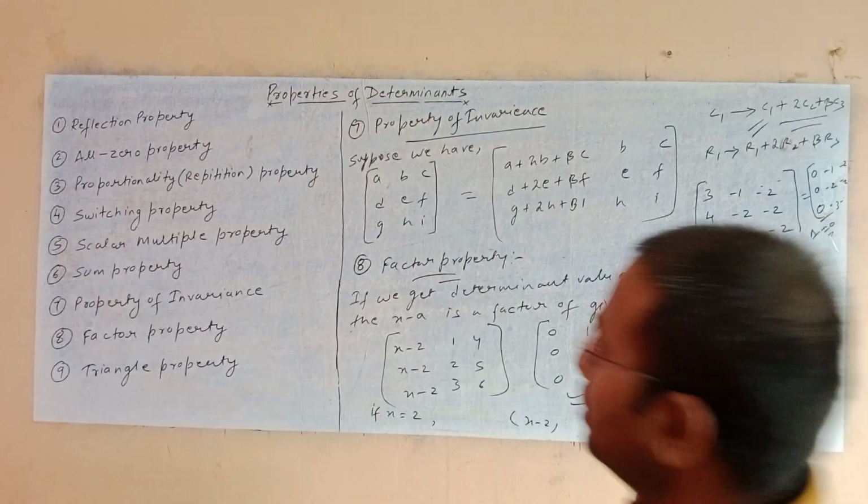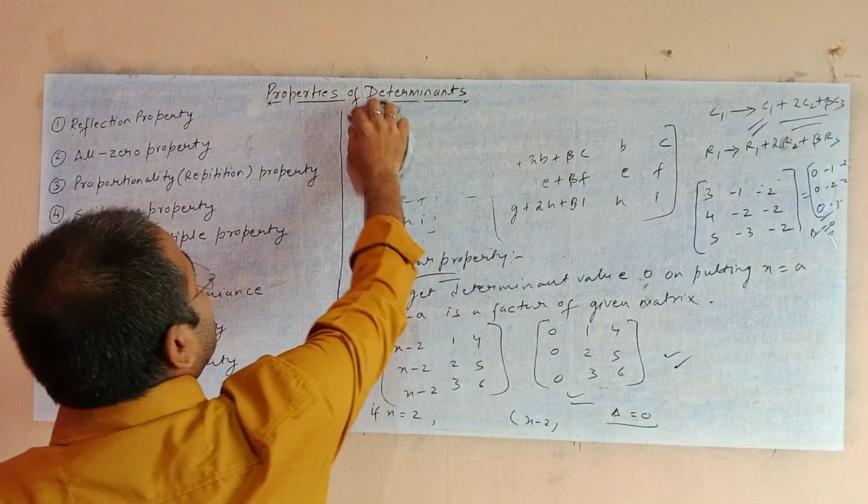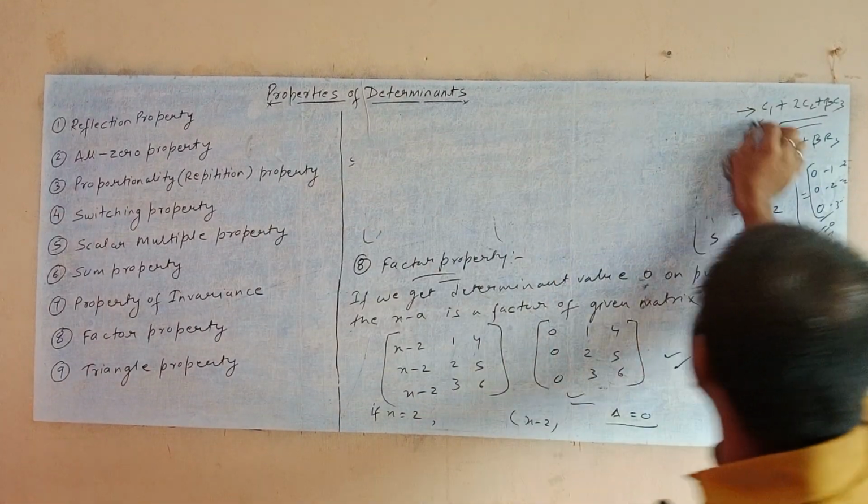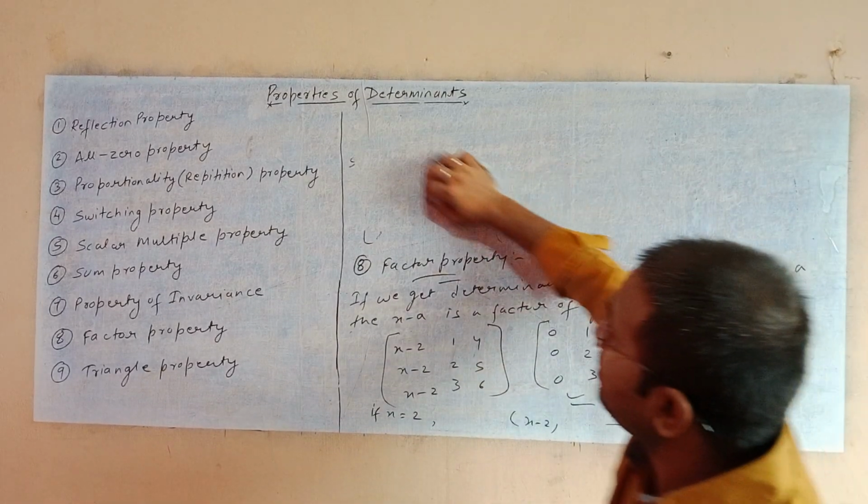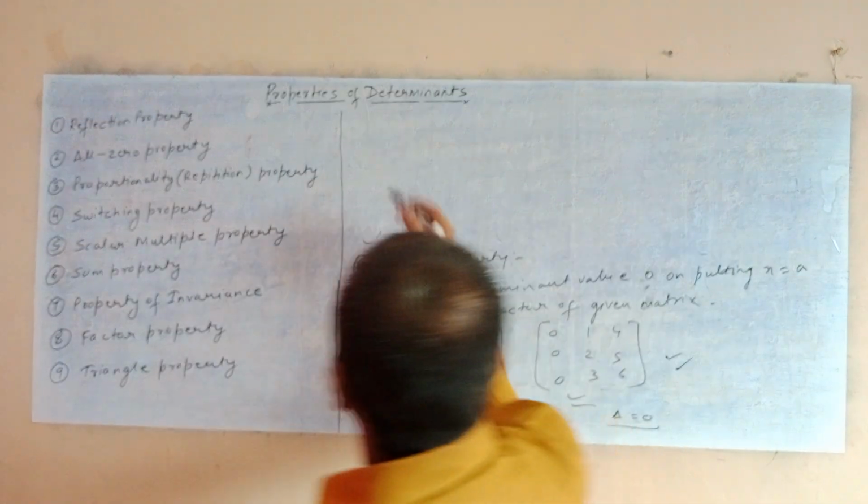Now let us see the triangular property, the ninth one.